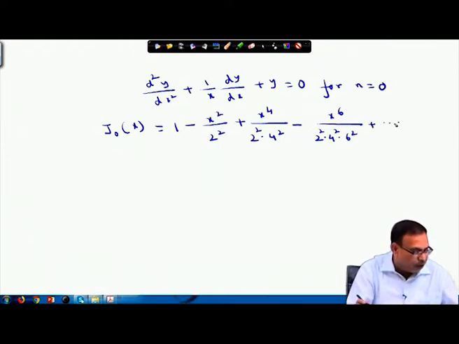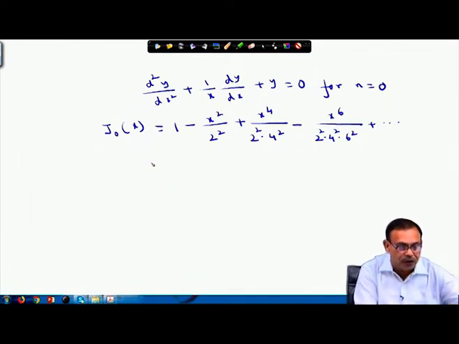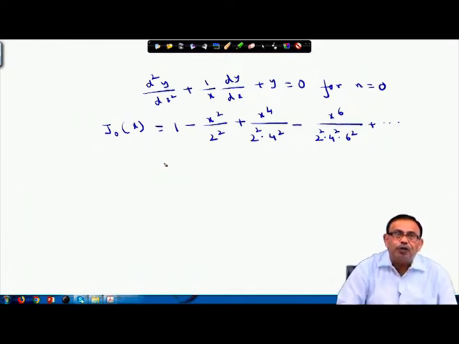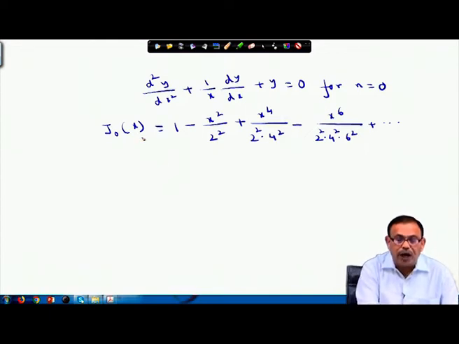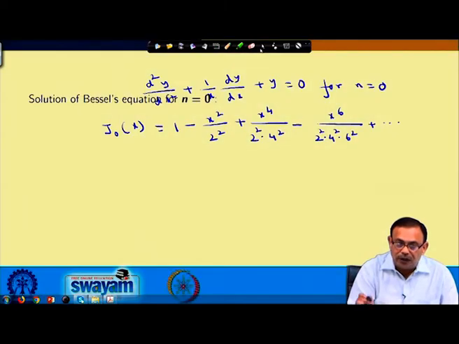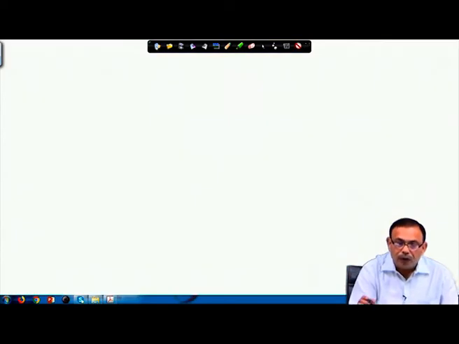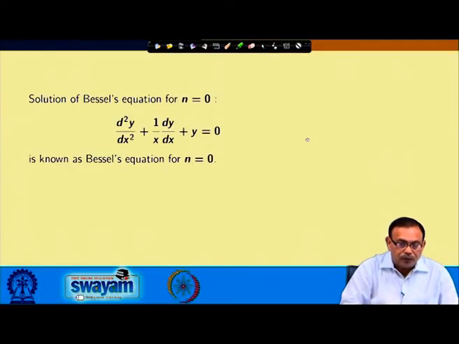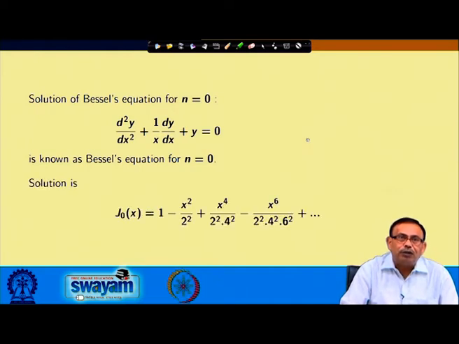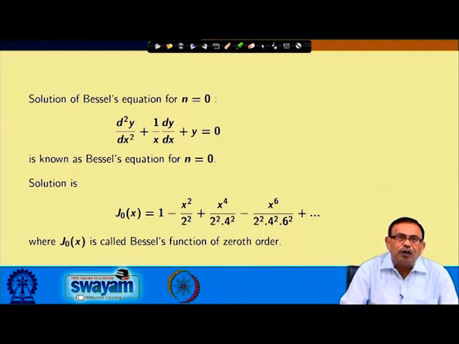J_0(x) is known as the Bessel function of order 0. So for n equals 0 we get this equation, and the solution is J_0(x), the Bessel function of order 0.